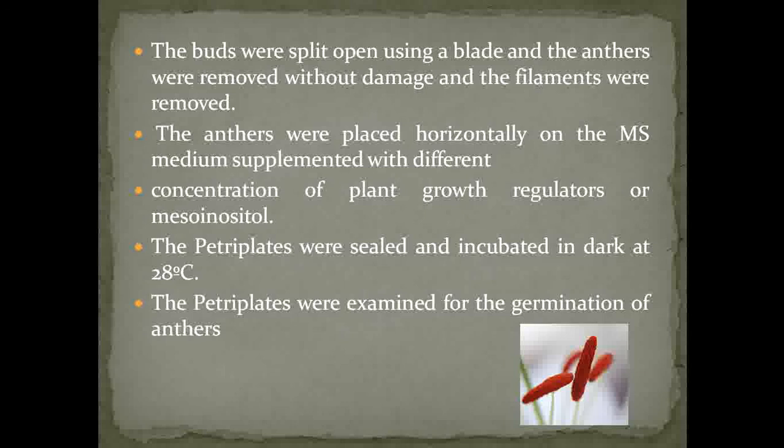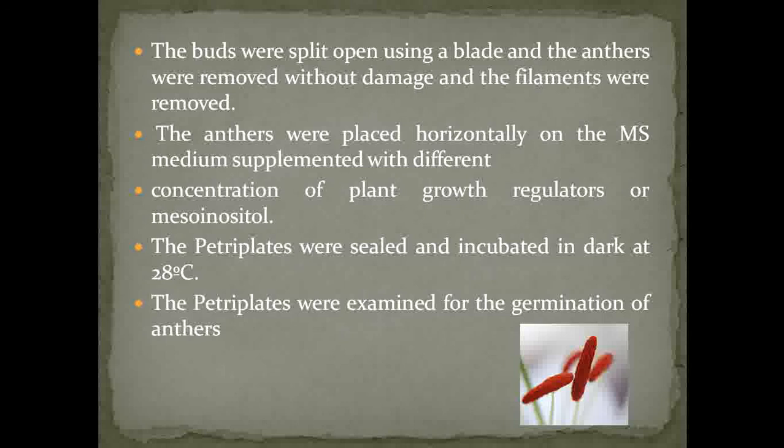Okay. Then in our MS media we are going to add growth regulators like auxin and cytokinin. Then you can add mesoinositol. After that, whether you are using slants, petri plates, or culture bottles, depending upon that you have to seal them properly.